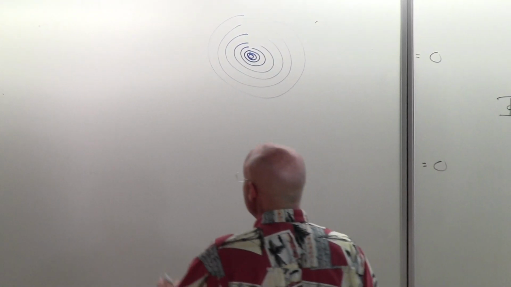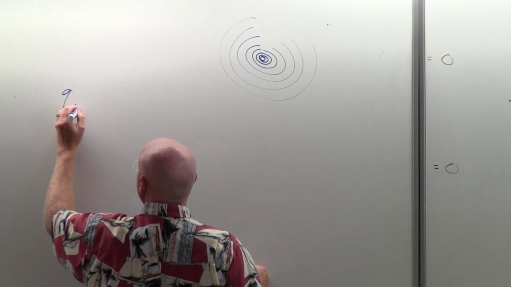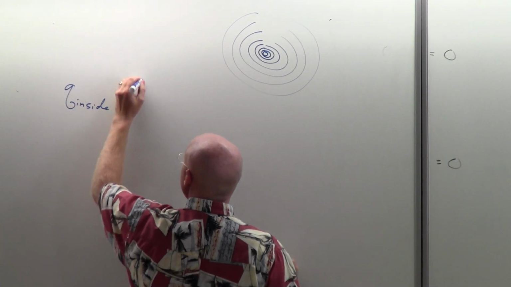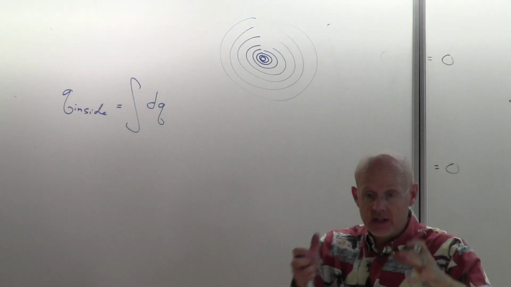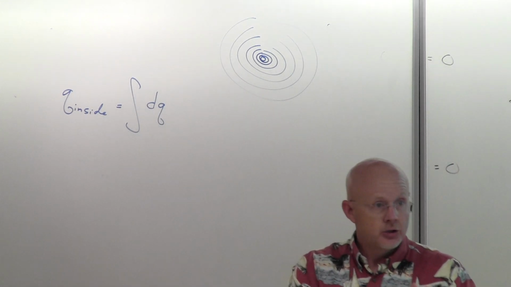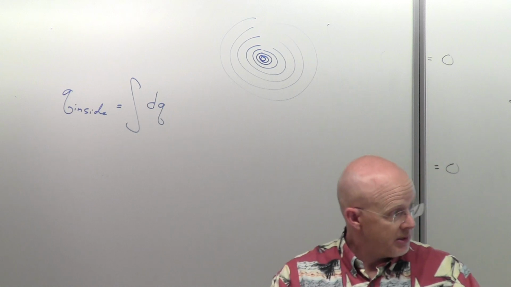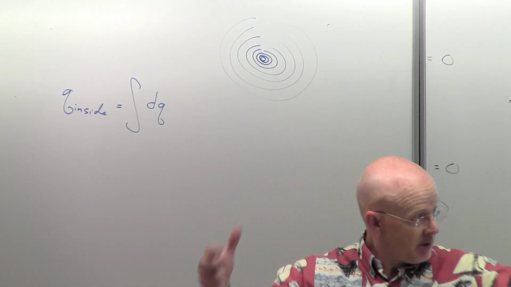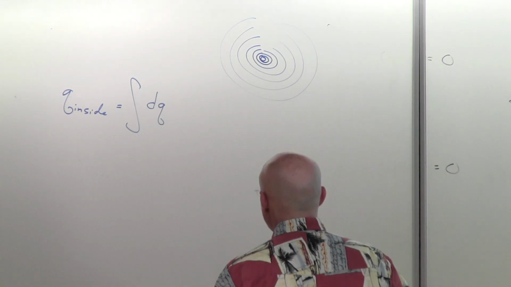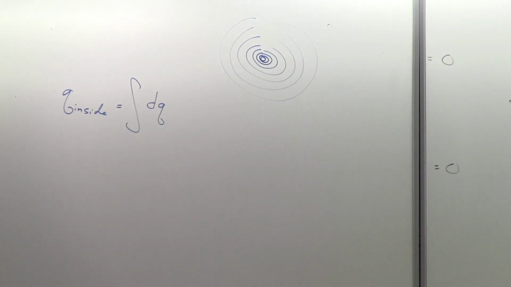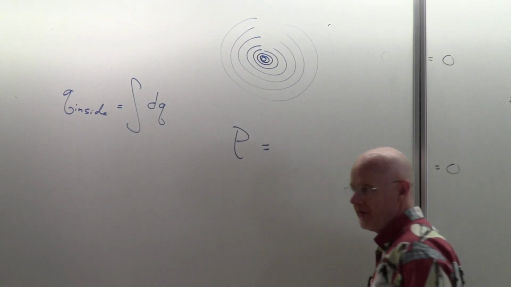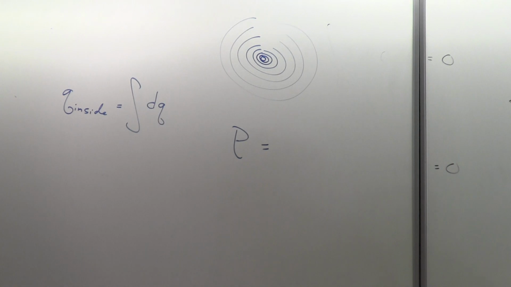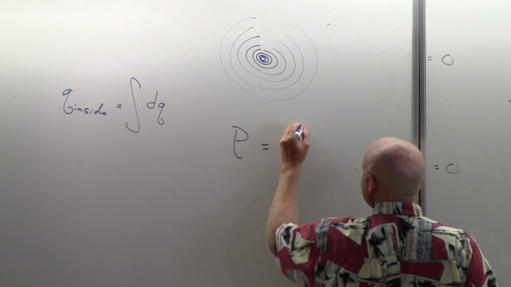So I'm saying this, the total charge inside would be an integral of dq. dq is adding up all the charges as I make layers to make this big ball. Let's use, and I erased it here, but as I said, it's kind of nice to talk about charge density at this point. We said charge density is just this.